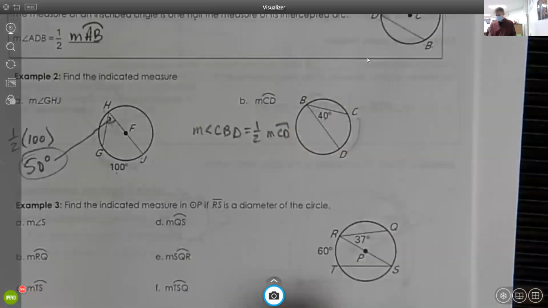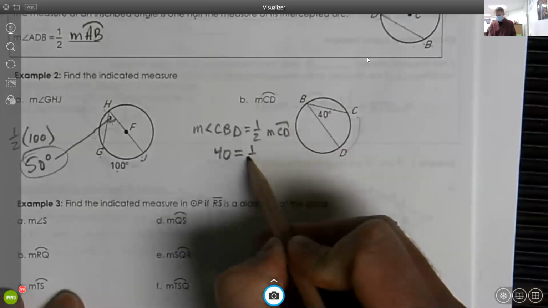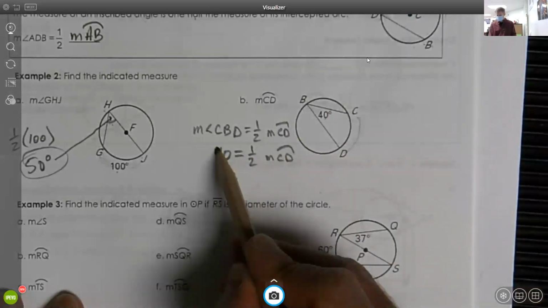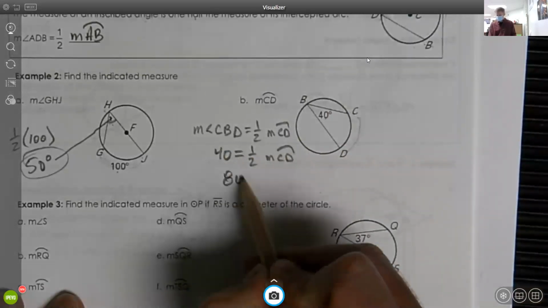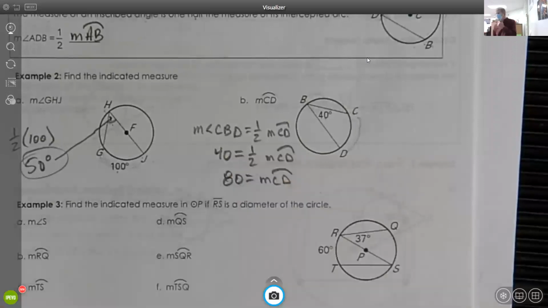If you have 40 for the angle, for the arc you're going to have to multiply by 2. So the arc is going to be 80. It's going to be double the inscribed angle. The inscribed angle is half the arc. The arc is double the angle.